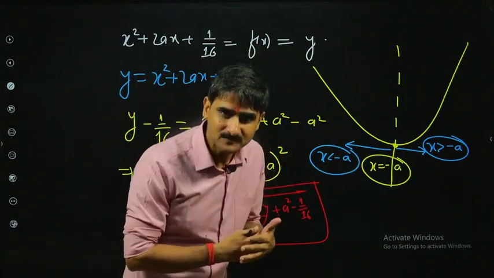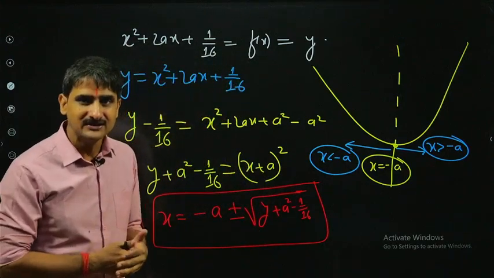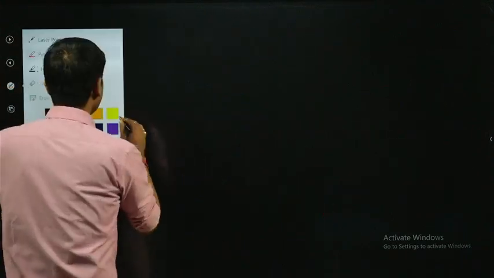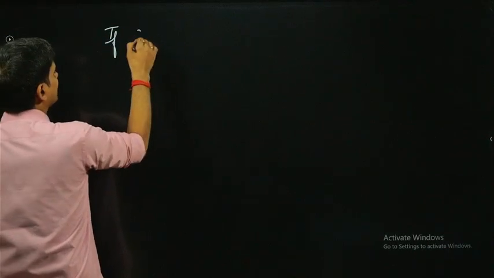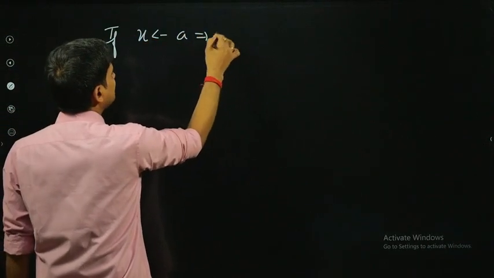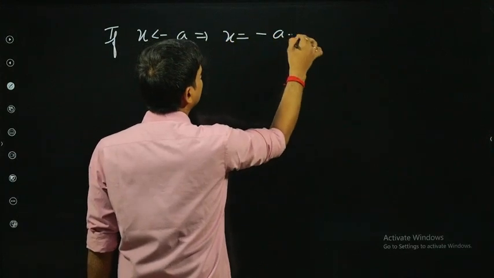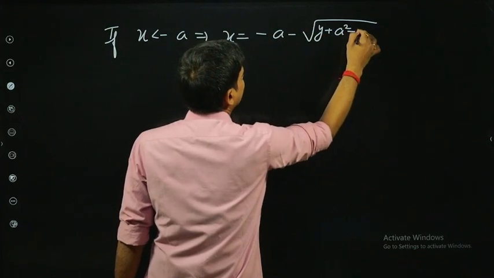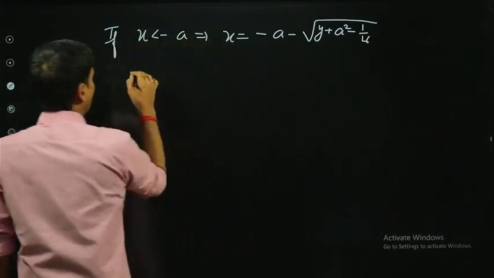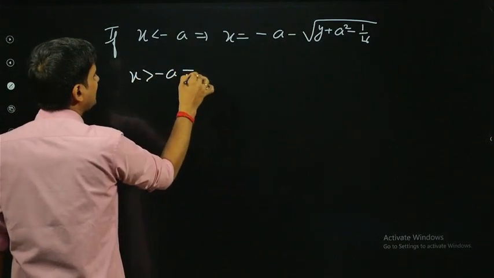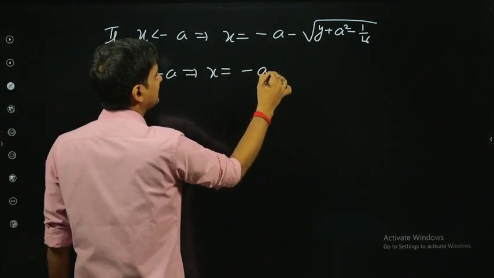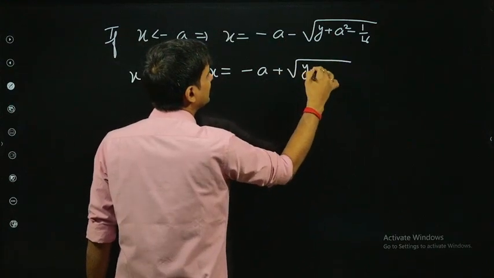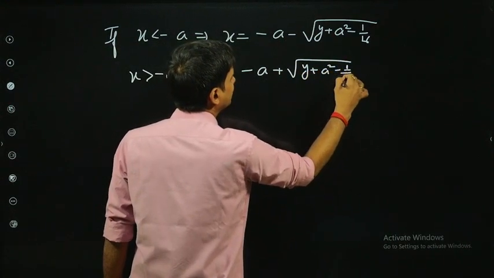So if x is less than minus a, then I will choose this to be the x here. Of course, in that case only it is less than minus a. Or if x is greater than minus a, we will choose it as minus a plus under root of y plus a square minus 1 by 16.